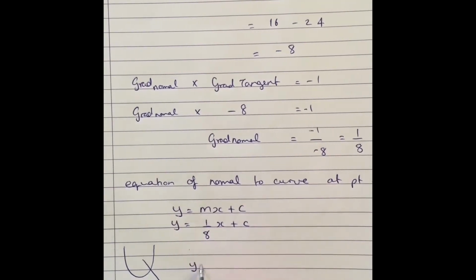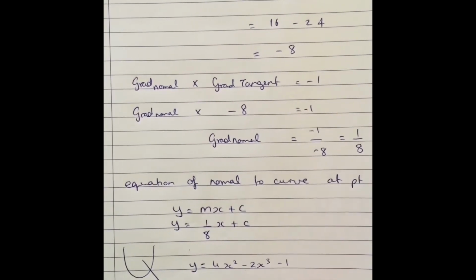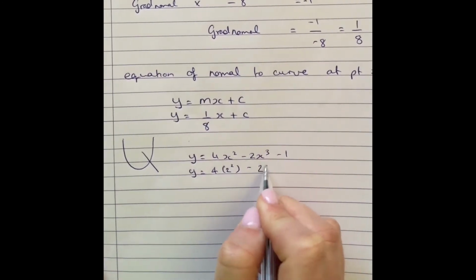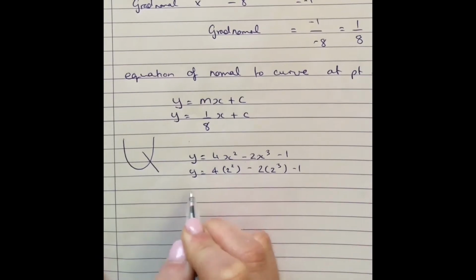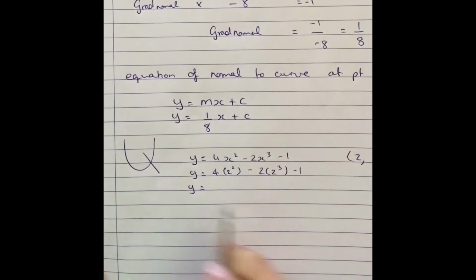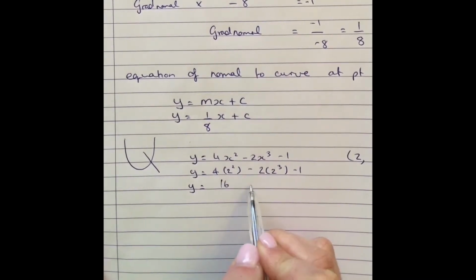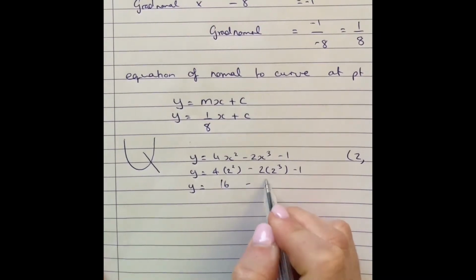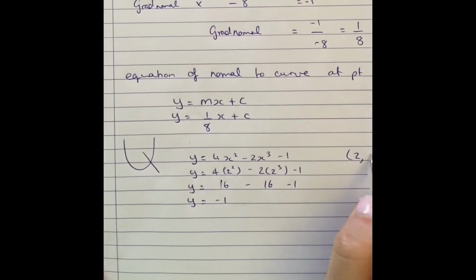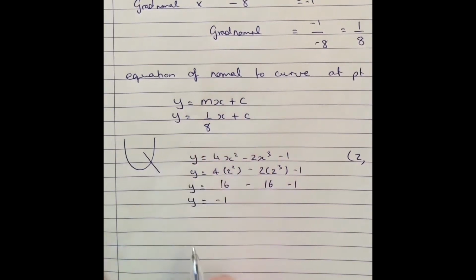So if the curve is 4x squared minus 2x cubed minus 1, when x is 2, I put in 2 here, and I will find the y coordinate where x is 2, and that will also be a point on the normal. 4 times 4 is 16. 2 times 8 is 16. So y is actually minus 1 when x is 2. That point also exists on the equation of the normal.